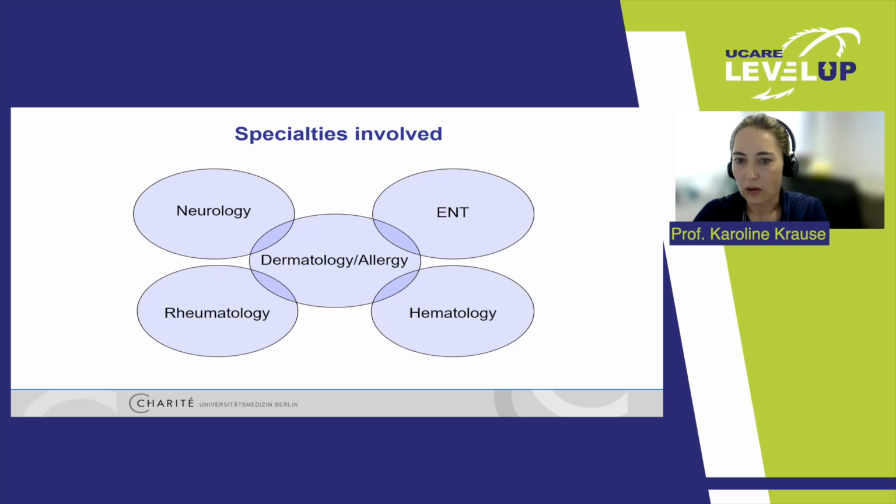In Berlin, we have an autoinflammation reference center, and we have a very nice situation where we can just ask our colleagues, and also the colleagues from the pediatrics departments, the pediatric rheumatologists, but also hematologists in particular, if we have patients with Schnitzler syndrome, ENT specialists, if it's, for example, CAPS patients with hearing loss, and neurologists. A lot of patients also have neurologic problems in CAPS patients, TRAPS patients, but also, for example, polyneuropathy, which can often be seen in Schnitzler syndrome as well.